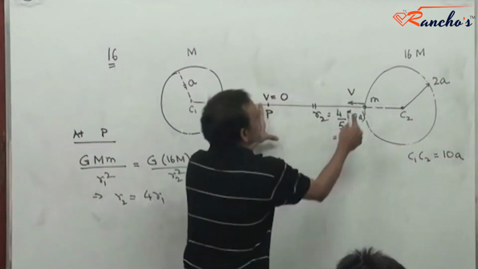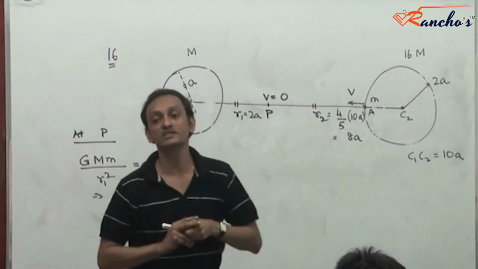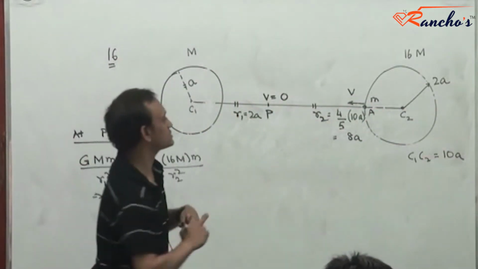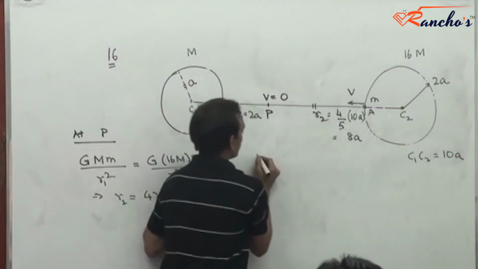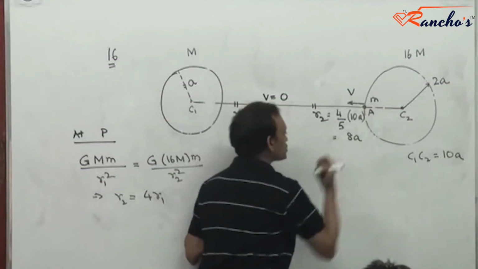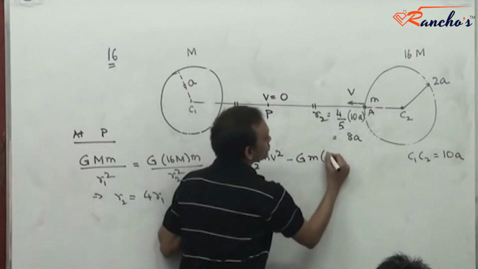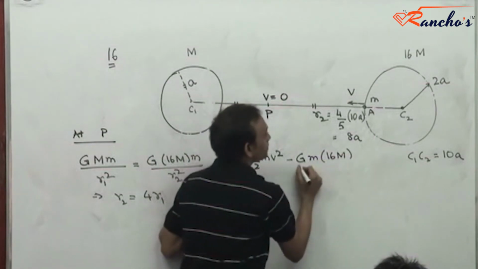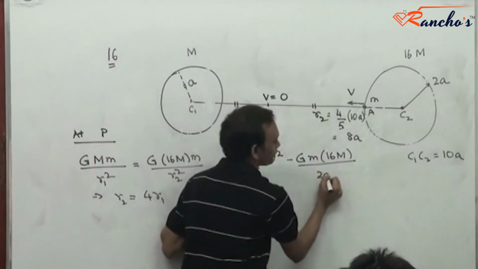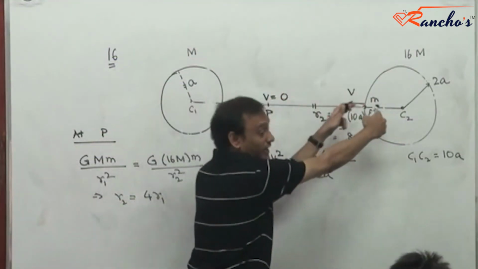So between this point A and this point P, let me apply conservation of energy. At A, what's the kinetic energy? Half m v squared. What's the potential energy at A? Minus G times small m into 16M divided by 2a, because of this star, but because of the other star there is also potential energy.